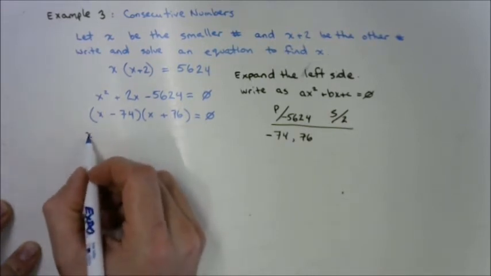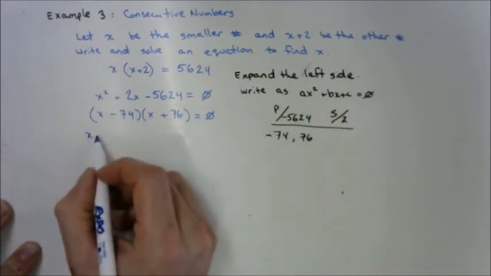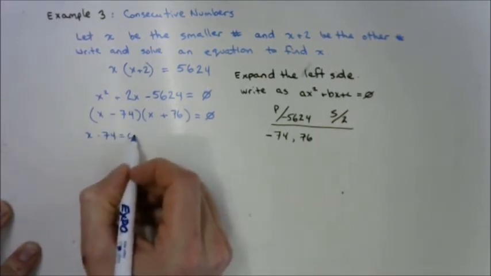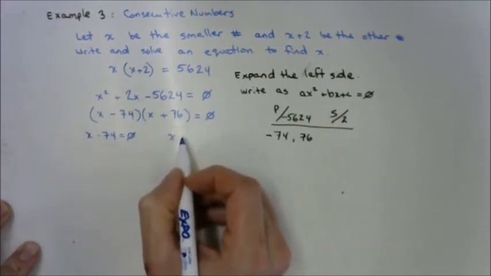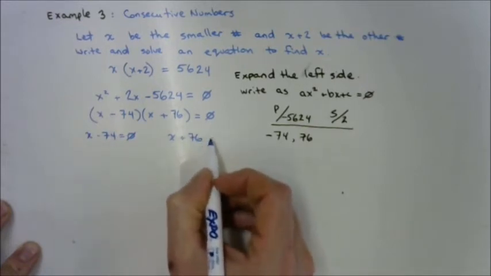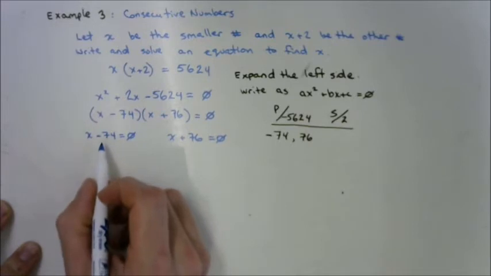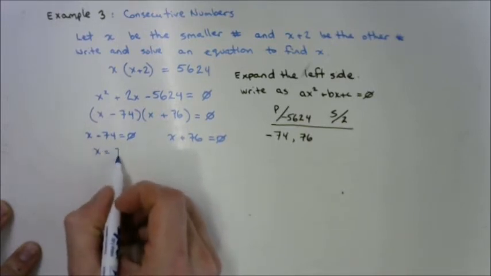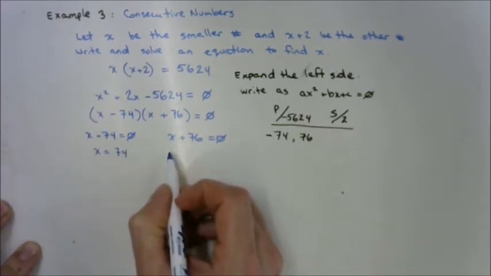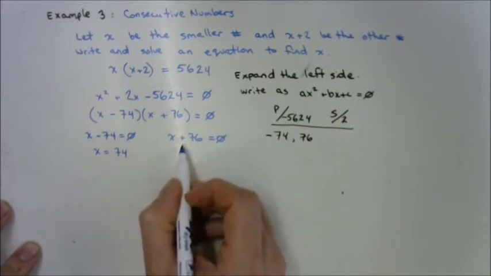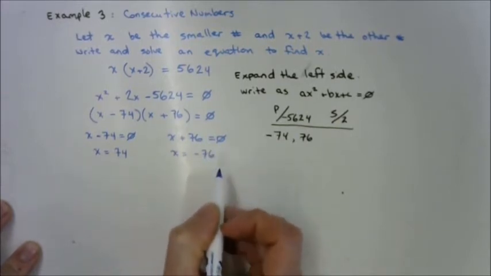So this tells me that for this statement to be true, either x minus 74 equals 0, or x plus 76 equals 0. Let's work over here in the first case. Add 74 to both sides, x equals 74. Over here, subtract 76 from both sides, x equals negative 76.